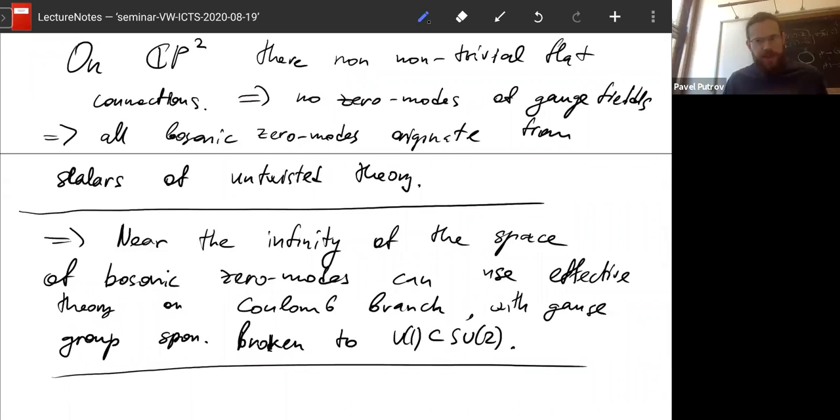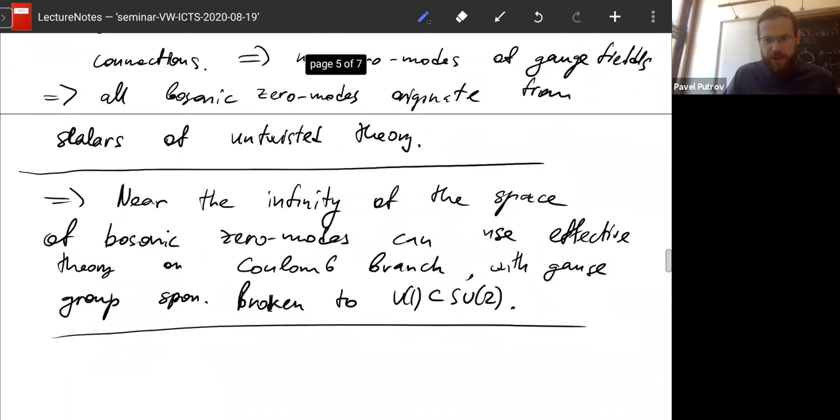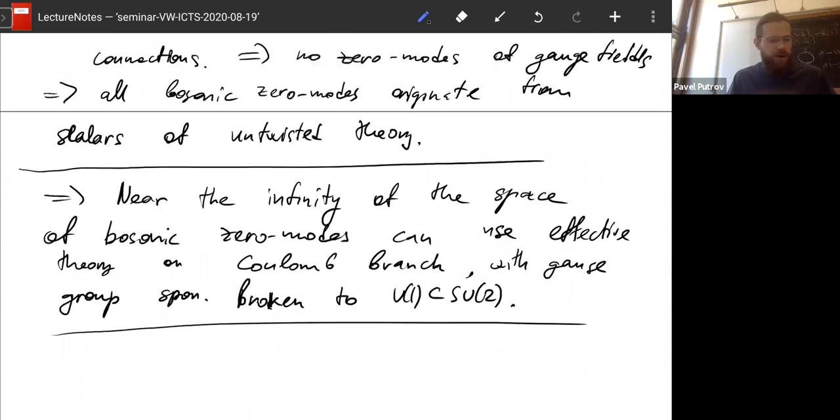We effectively reduce this theory to a U(1) gauge theory, but there will be some non-trivial effective action. So it wouldn't be just an action of U(1) supermultiplets.